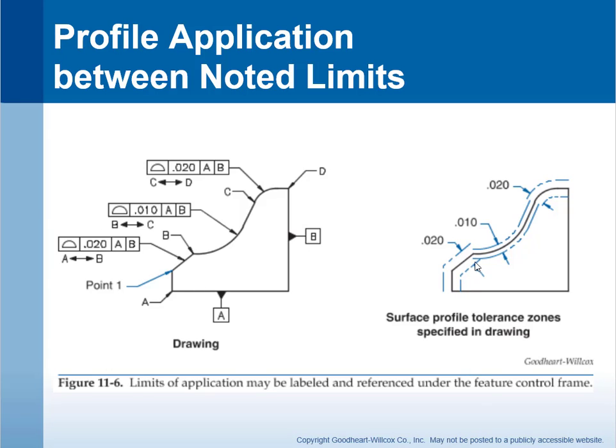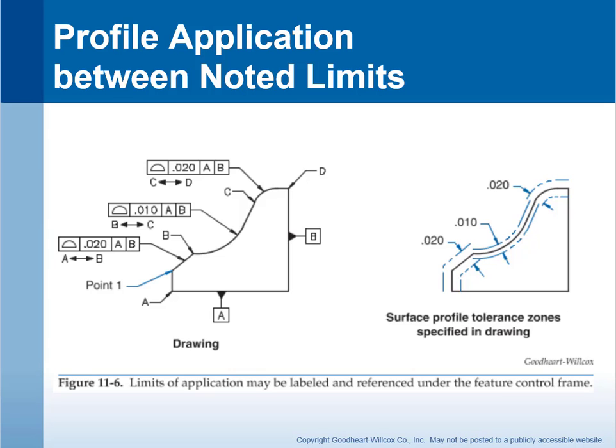And here is what that means. 20 thousandths total wide tolerance zone. Whereas from B to C, we have a 10 thousandths tolerance zone. And then from C to D, we have a 20 thousandths tolerance zone. So these are profiles applied between noted limits.